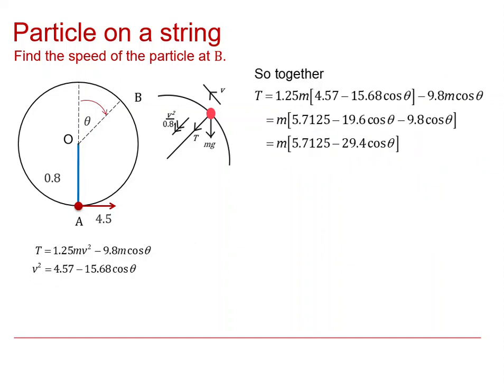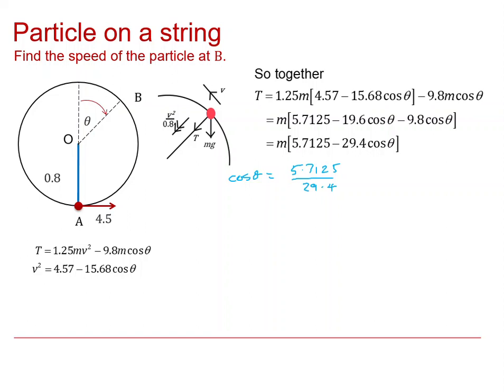So there's the calculation so far, and what we need out of this is to say that we can now tell that cos theta, where the tension is 0, will be whatever's needed to make that bracket 0, and it will be 5.7125 over 29.4. That's roughly a fifth, 6 over 30.